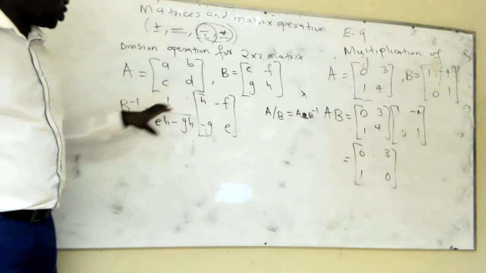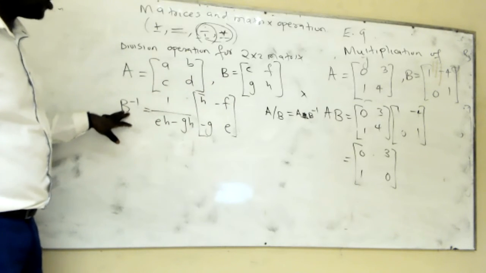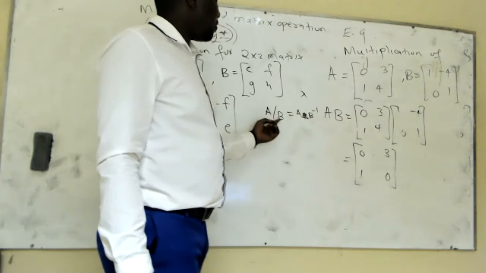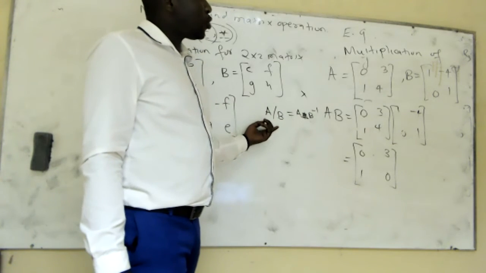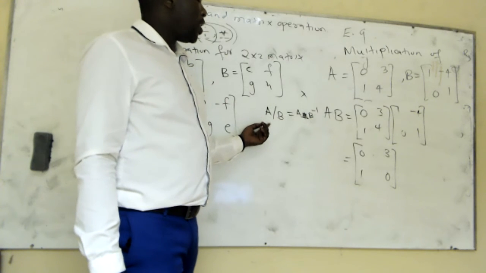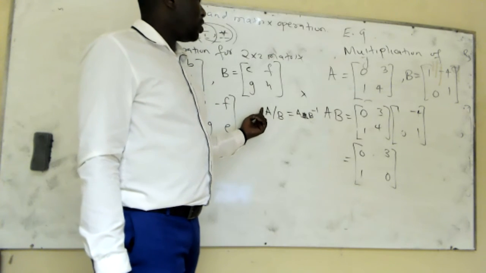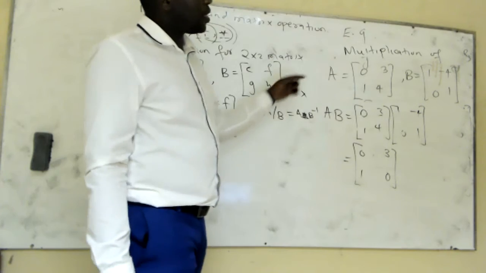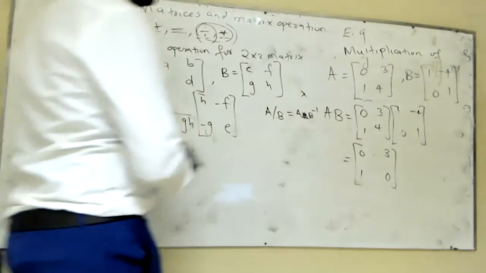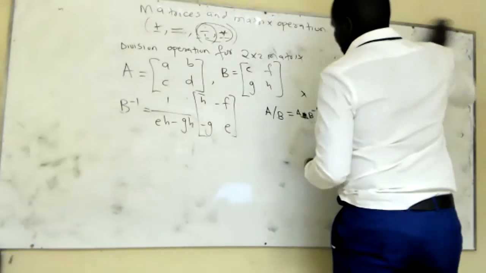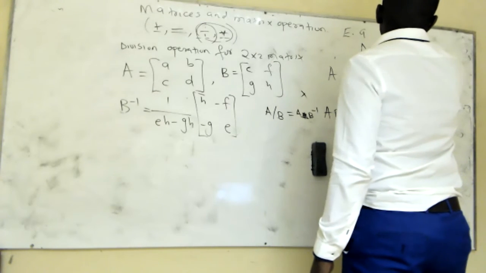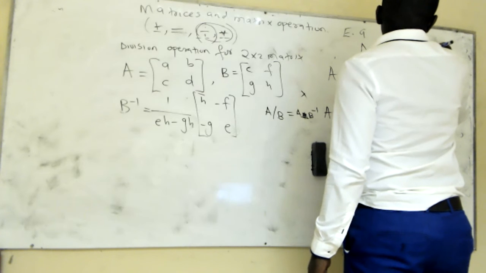And then after having that, you have the inverse of B, which you must then multiply with A to get A divided by B. So let's do that with an example so that you can see how we get to the division of matrices A and B. We're going to use the same matrices that we have there. So the division of matrices.